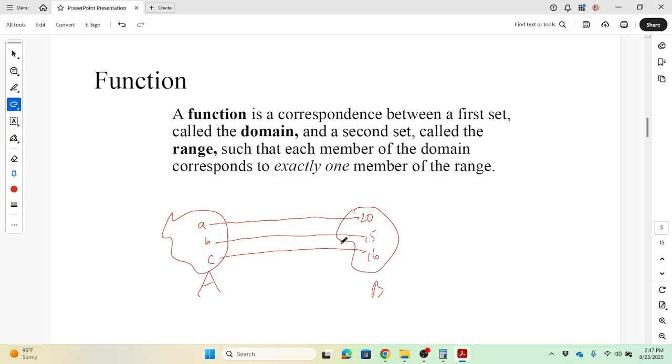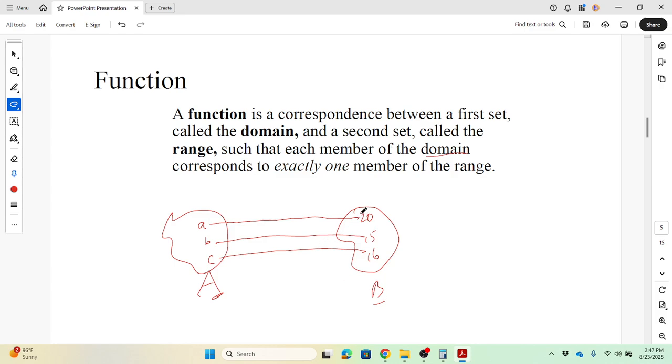That's a function. Keep in mind, to be a function, every single element in the first set, which is also called the domain, whatever comes first, that's the domain, must have a unique element in set B, which is also called the range.